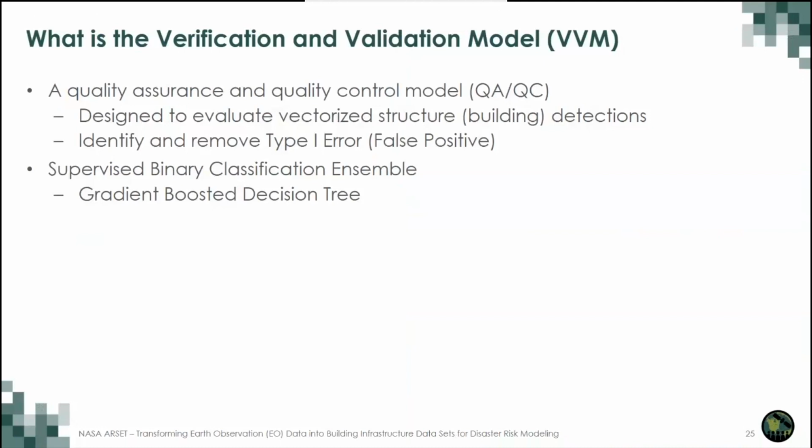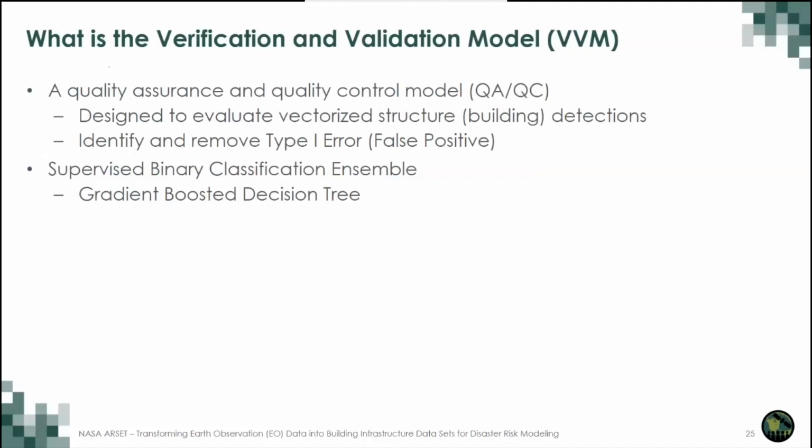So I developed the verification and validation model, which is a quality assurance, quality control model that's designed to evaluate vectorized structure or building detections. Its sole purpose is to identify type 1 error, also known as false positive. A false positive in this case is a building detection where there's no building.